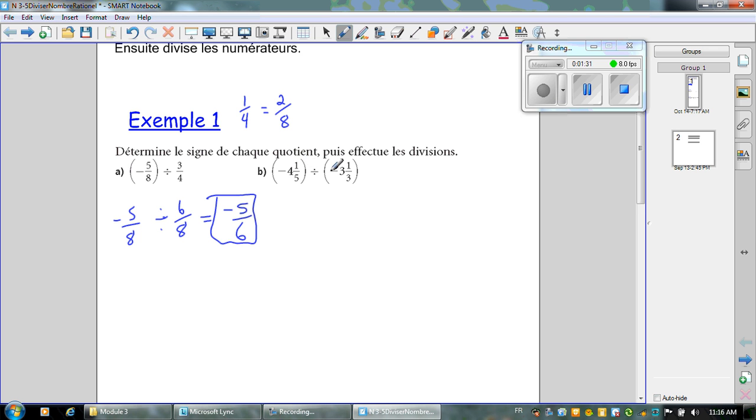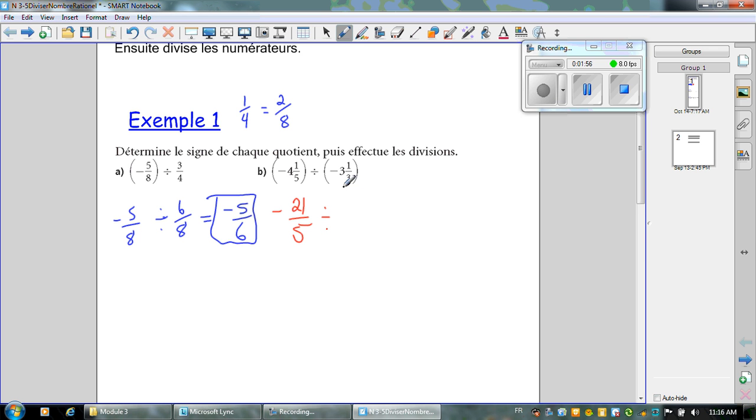Before we go any farther, we want to change these into improper fractions. Let's look at the first one: I have 4 and 1/5. To make a whole, I need 5/5. So 4 wholes is 20/5 altogether, and I have an extra fifth, so that's 21/5, and it's negative.